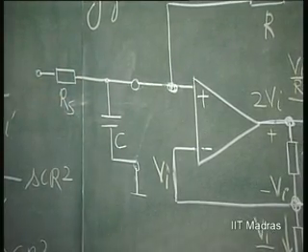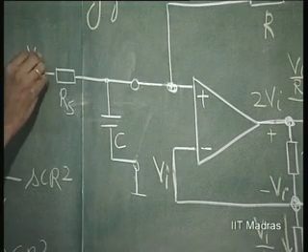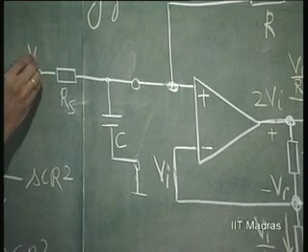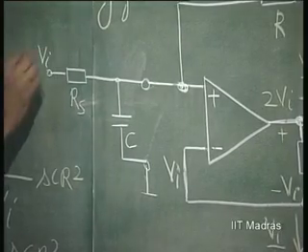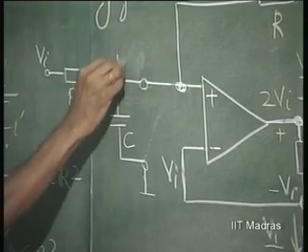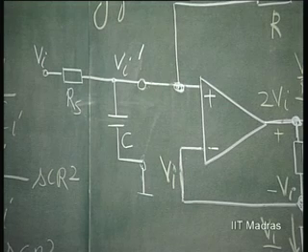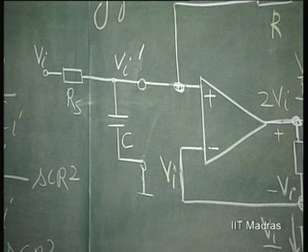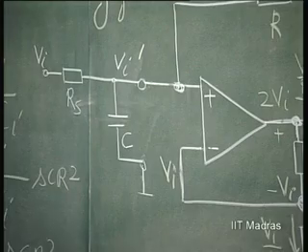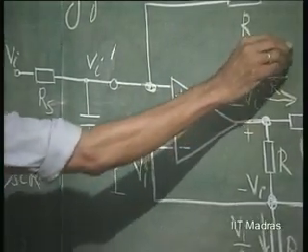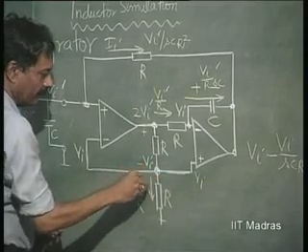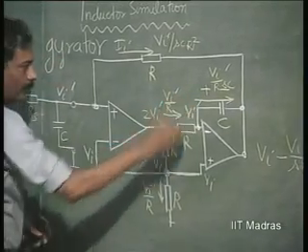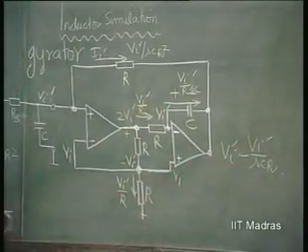So, now at this point, if I put Vi, let us say we will call this Vi, right, then this Vi prime is going to be my V naught here, which is going to have a transfer function like this. If I take the output here, this will be Vi prime, to distinguish it from this Vi.